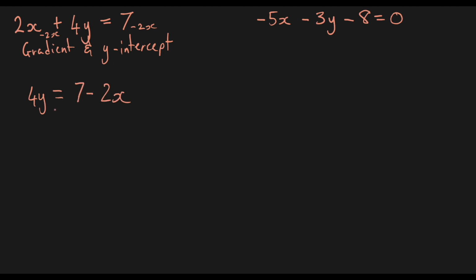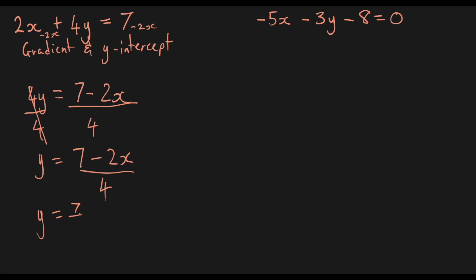Now in this case, we could divide both sides by 4, and that way we'll get the equation y is equal to 7 minus 2x over 4. So in this case now, we could separate it again, and y is equal to 7 over 4 minus 2x over 4. So therefore, m, the gradient, would be equal to negative 2 over 4, or you could even say minus 1 over 2.